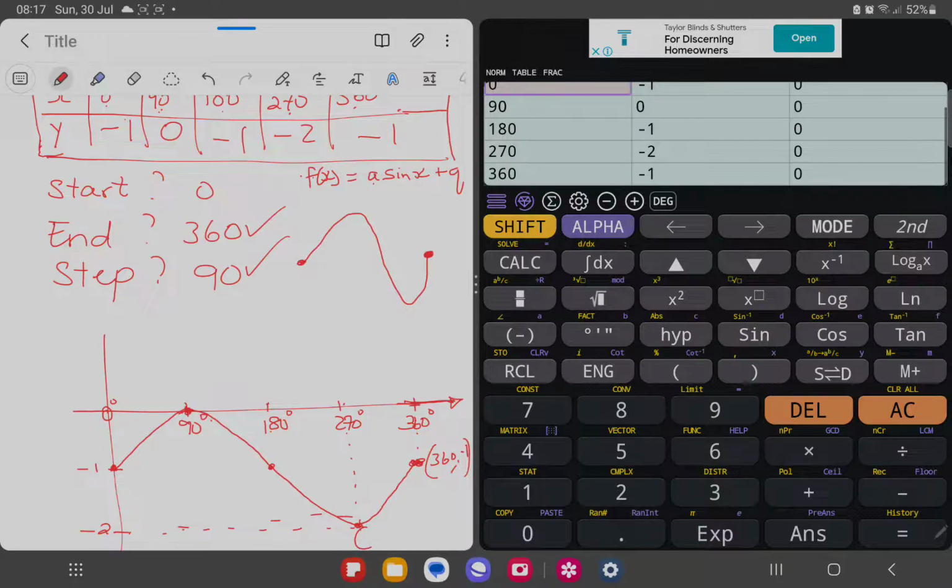And then here, this is 270, -2. This is 180, -1. And then this one is 90 degrees, 0. Then this one is 0 degrees, -1. So all of them are in degrees. And then this is the shape of the graph. This is what we were looking for.